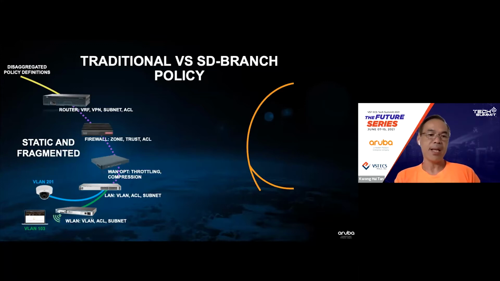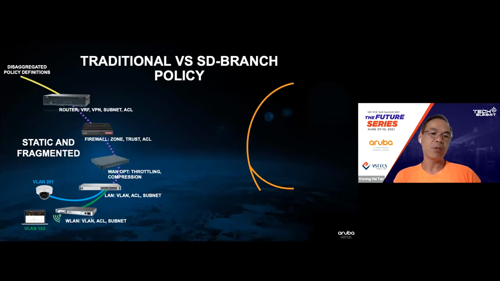You can see some examples of devices that I've illustrated on the screen, such as the use of a WAN optimization appliance that helps you throttle and do compression for your WAN connectivity. Some branch offices may even deploy firewalls that allow you to do zone-based firewalling, packet filtering technology such as ACL, whitelists, blacklists, you name it.